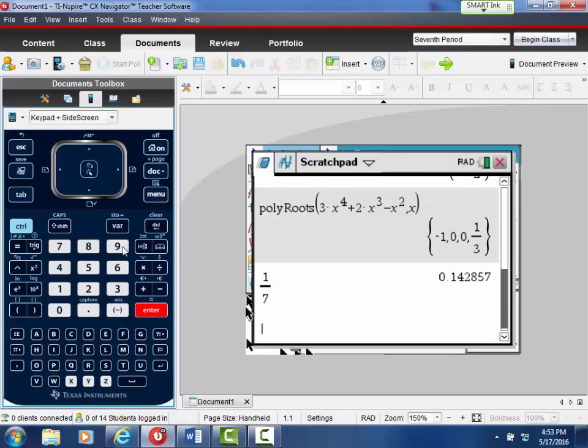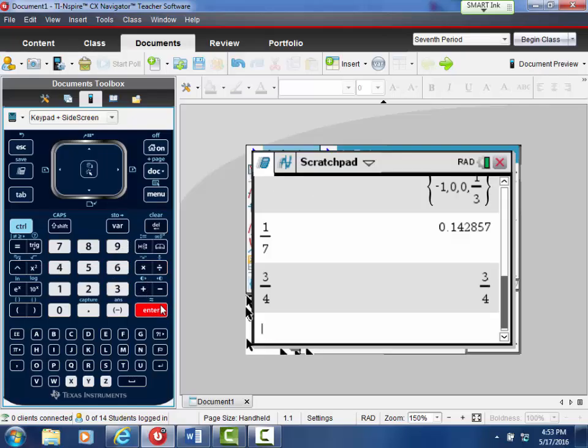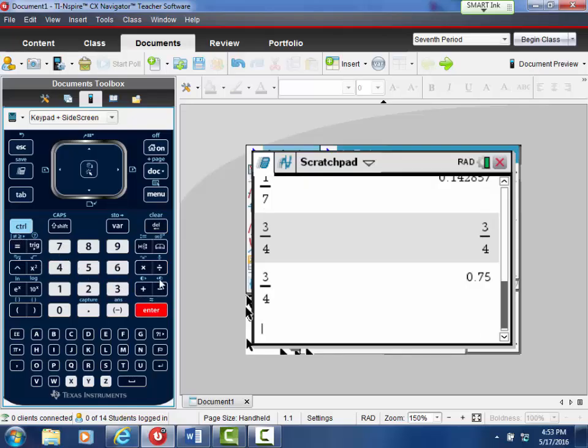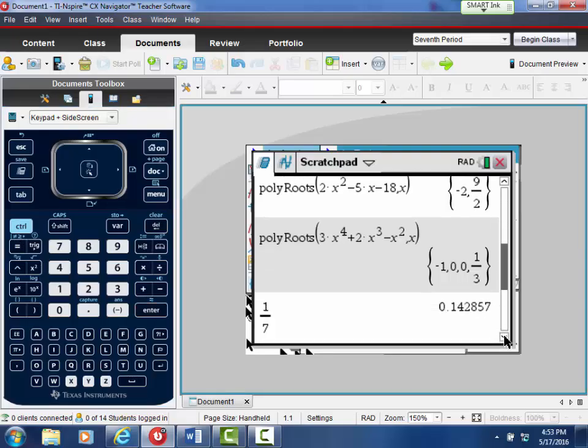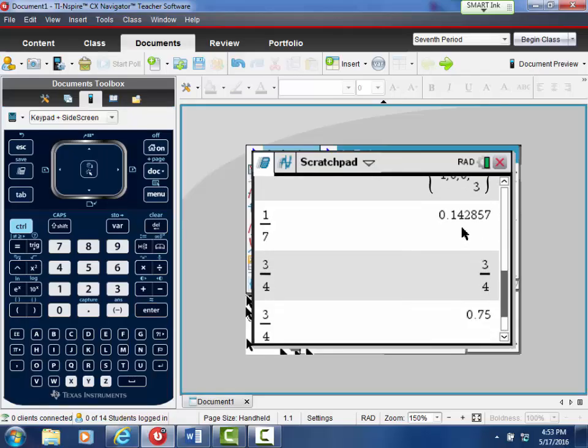And then do 3 divided by 4. Oops, forgot to do Control Enter. Okay, and that's 0.75. And my other number was 0.14. So 0.14 is smaller than 0.75, which means 1/7 is smaller than 3/4.